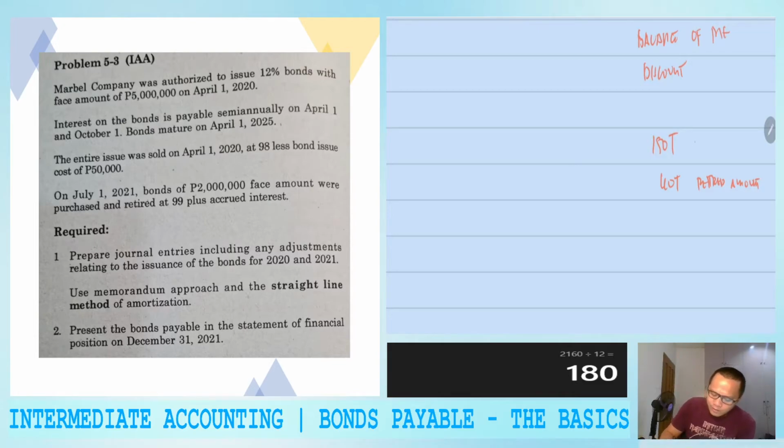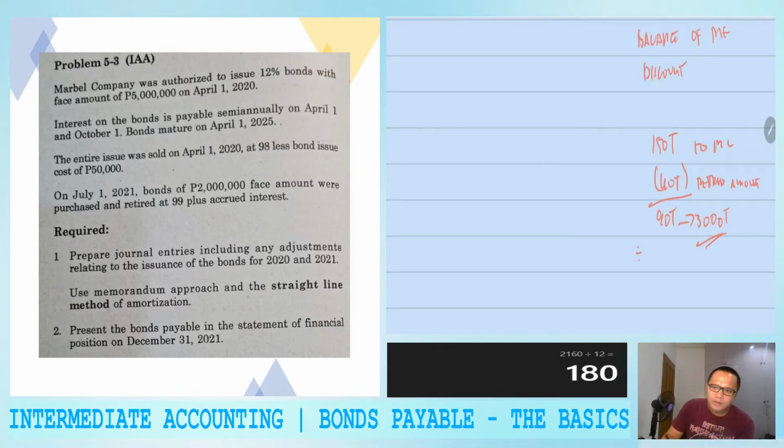So we need to get the 60,000 from the 150. That means 90,000 is applicable for the remaining 3 million discount.